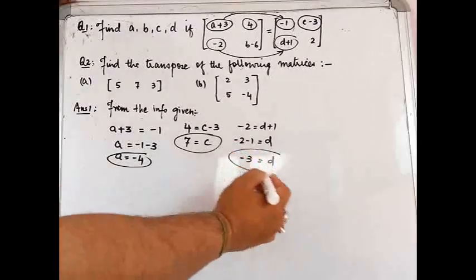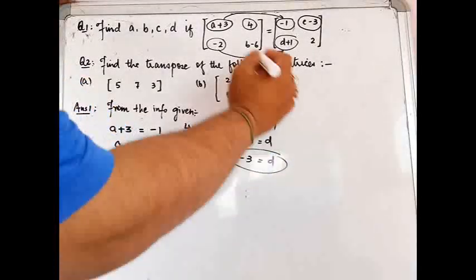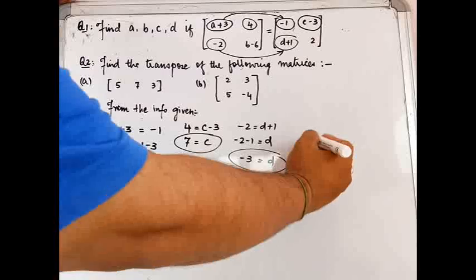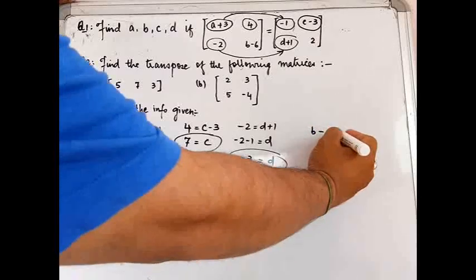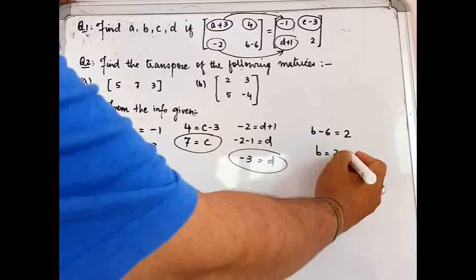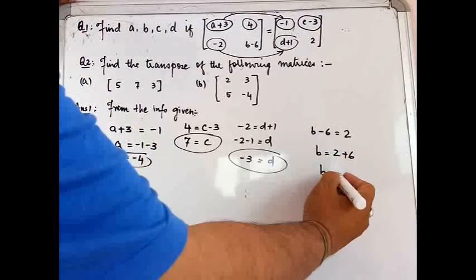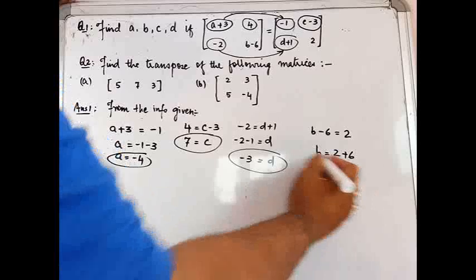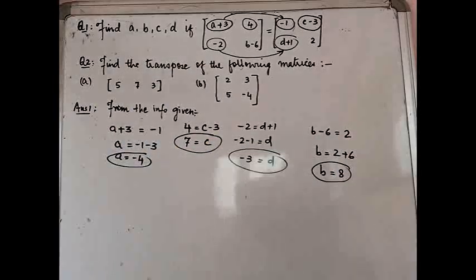Okay, so we have got the d value also. Similarly, if we equate this with this, b minus 6 will give you 2, therefore b will be 2 plus 6, the value of b will be 8. Okay, so this is how we will get a, b, c, d values. Once you've got that, you can write down the final answer. So this was a question on equal matrices.